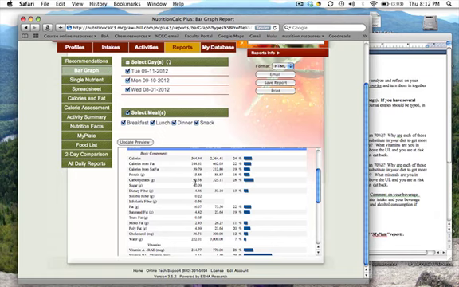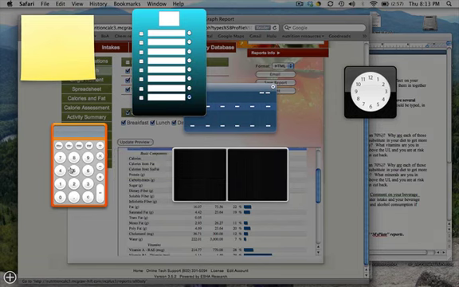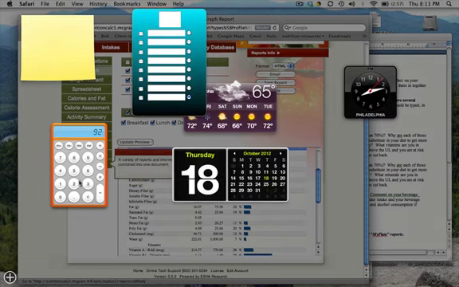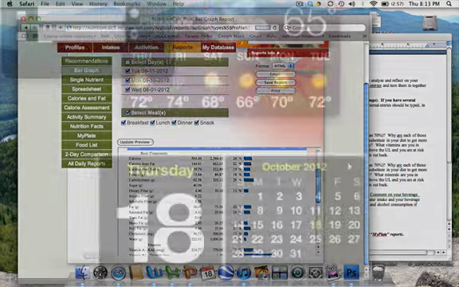So 92 times 4 is 368, and I have 564 calories total.